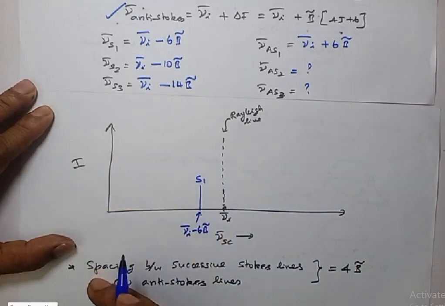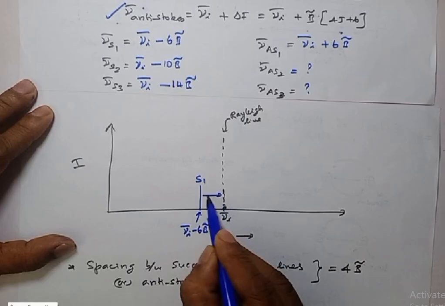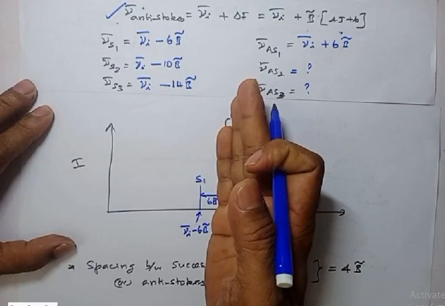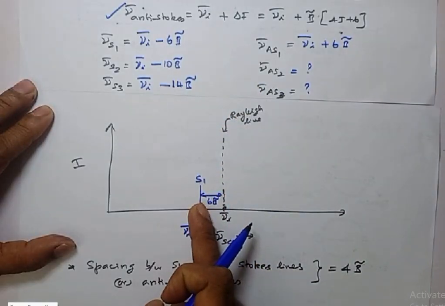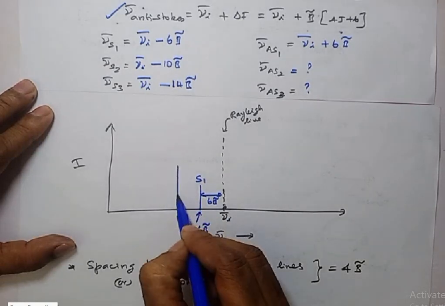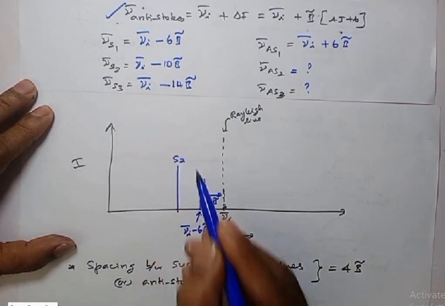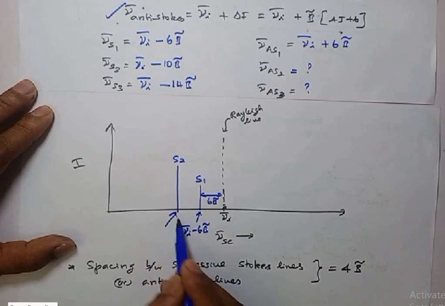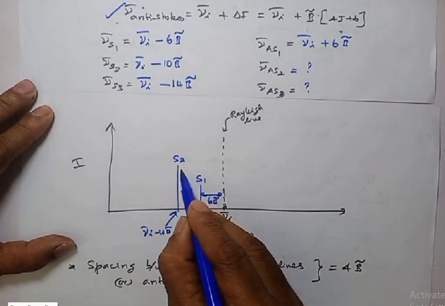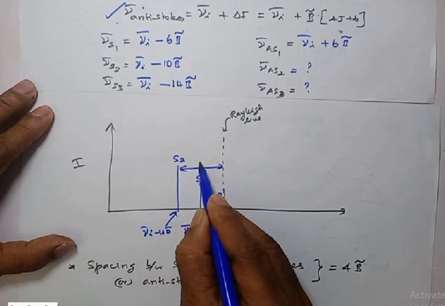This gap is 6B, because this is nu I bar and this is nu I bar minus 6B. What about the second Stokes line? Where will it appear? Nu I bar minus 10B. Observe carefully, this difference is 10B.